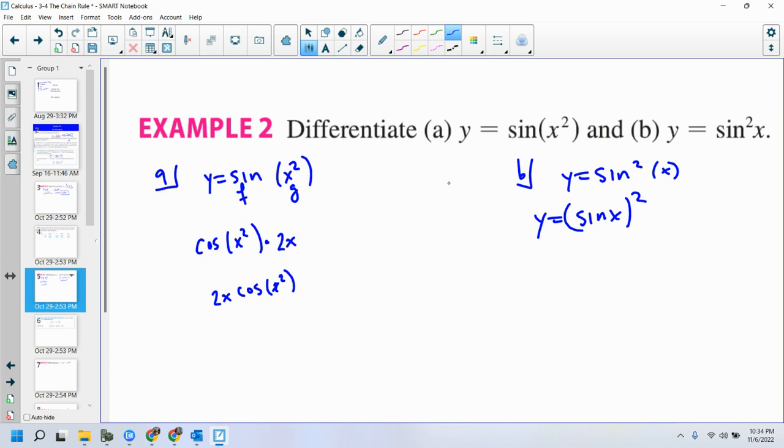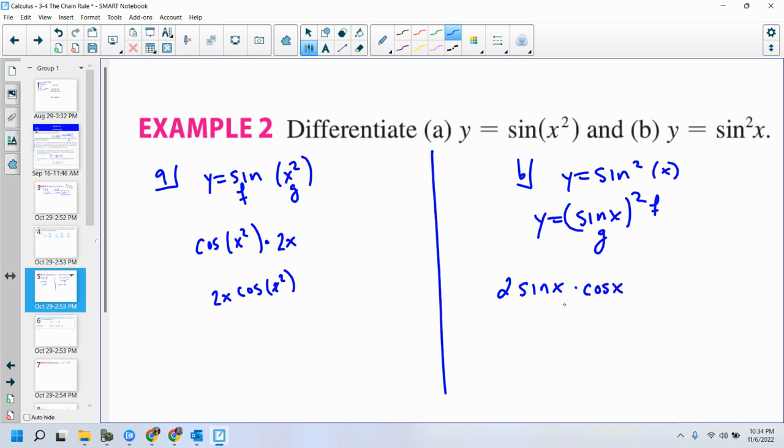And then we do the same thing over here. However, now our f is squaring the thing, and our g is the sine. So the derivative of the squared gives us 2 sine of x, right? 2 sine of x to the first, if I really wanted to, times the derivative of sine, which is cosine.